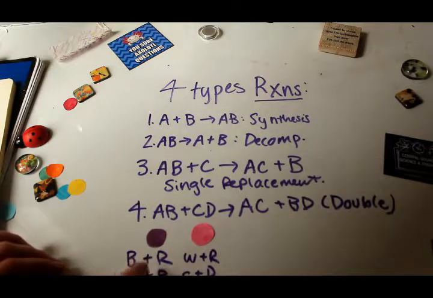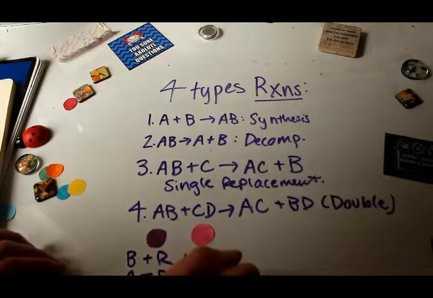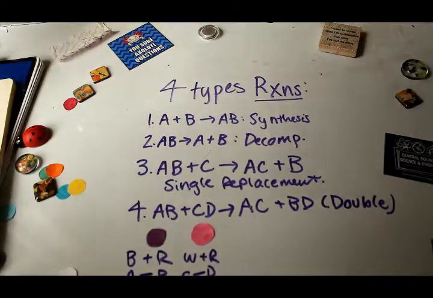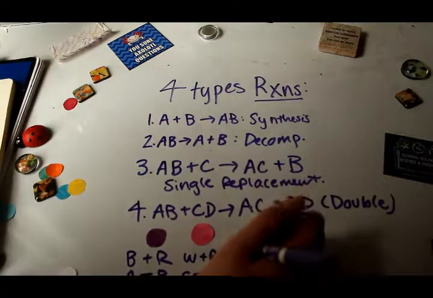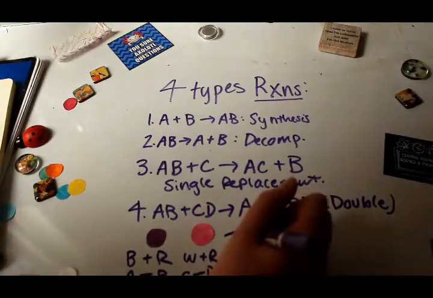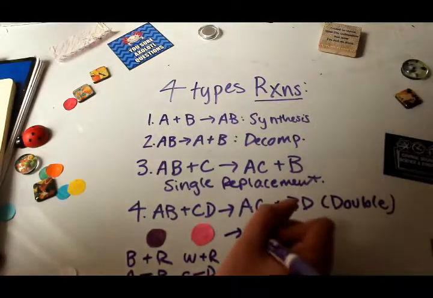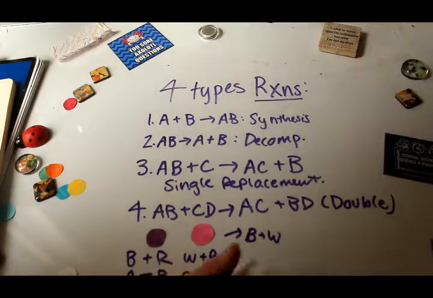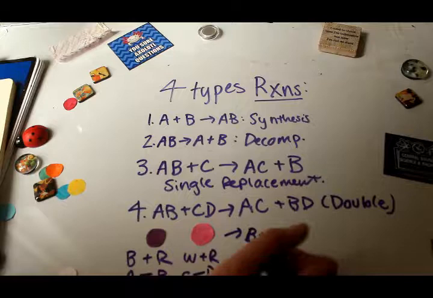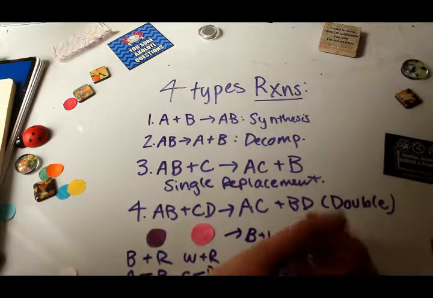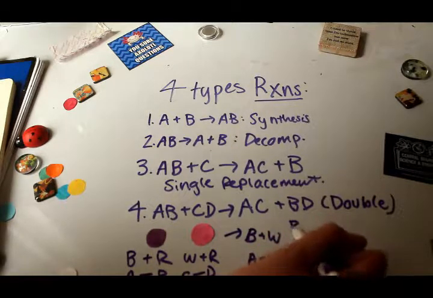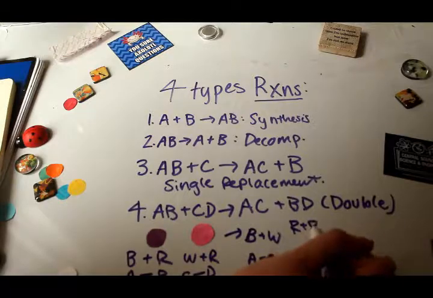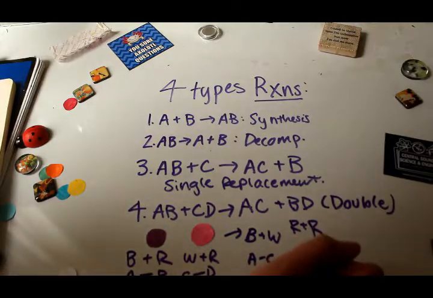And instead of plus, it's not like you're adding them together. These two chemical species are bonded together, ionically, covalently, any other kind of bond. They yield AC, so we would have blue plus white, right, AC, that would yield a light blue, and then we have red plus red, which would yield red.